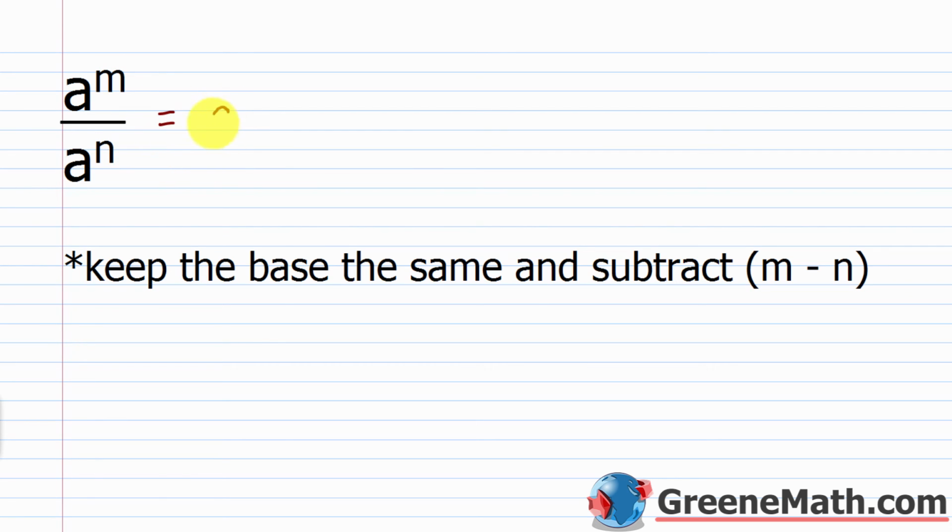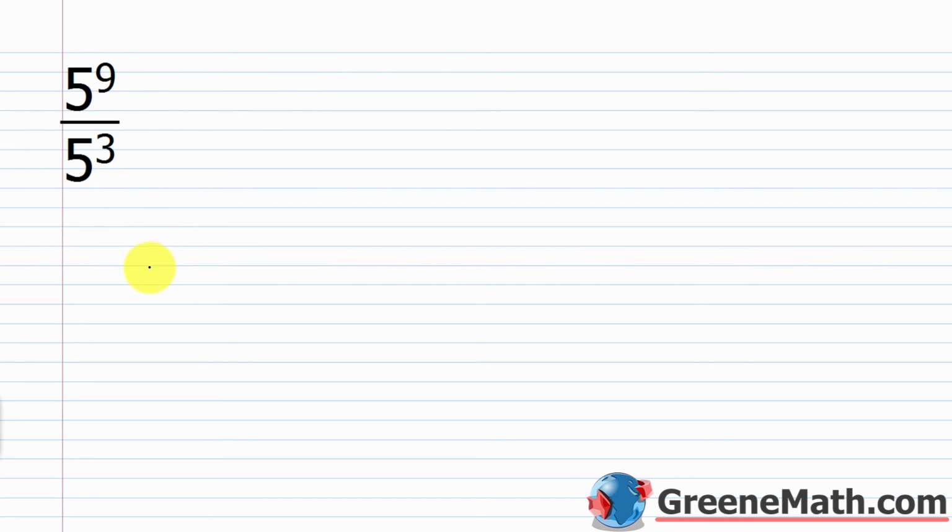So I would keep a the same, and I would subtract the exponents. I would take the one in the numerator, which is m, and I would subtract away the one in the denominator, which is n. So for 5 to the 9th over 5 cubed, again, this is the same base, so I write 5. So I take my exponent in the numerator, which is 9, and I subtract away my exponent in the denominator, which is 3. And 9 minus 3 is 6, so this is 5 to the 6th power.